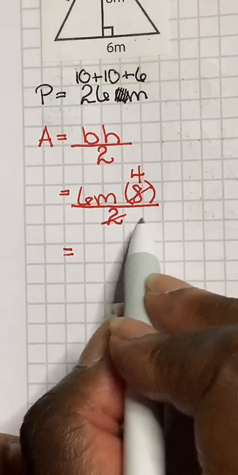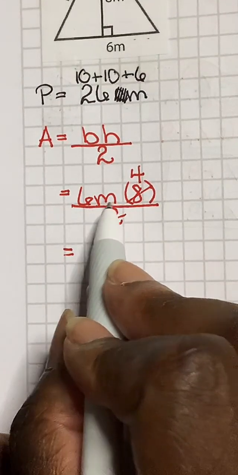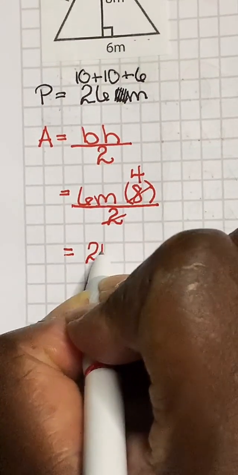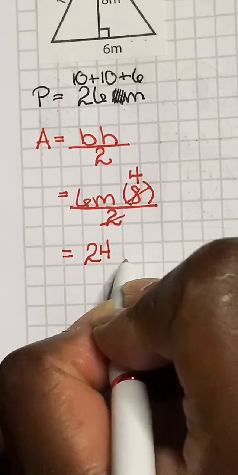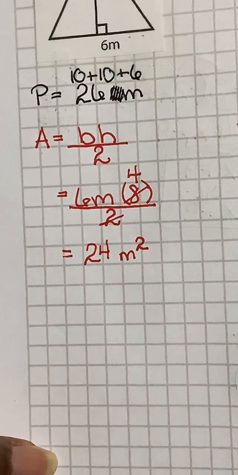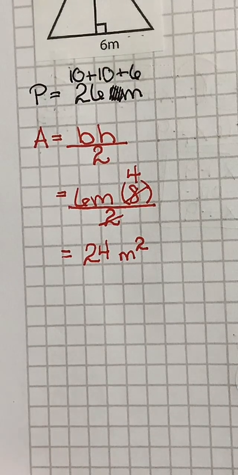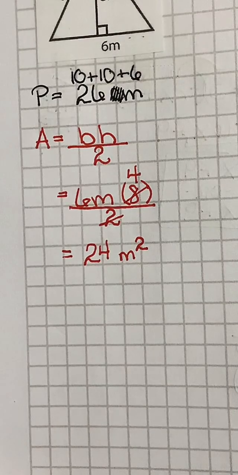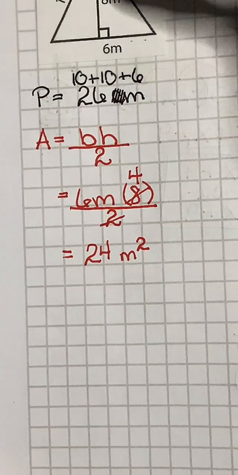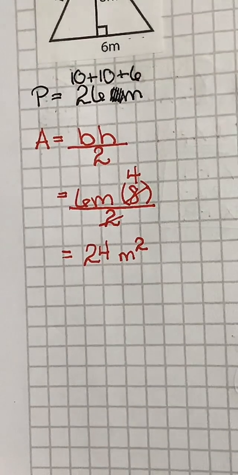So we no longer have anything in the denominator, and then we just multiply 6 times 4, which gives me 24 square meters. All right, I see you, Olivia. Yep. So we're not talking about the slant height. We're talking about the actual height of our triangle.